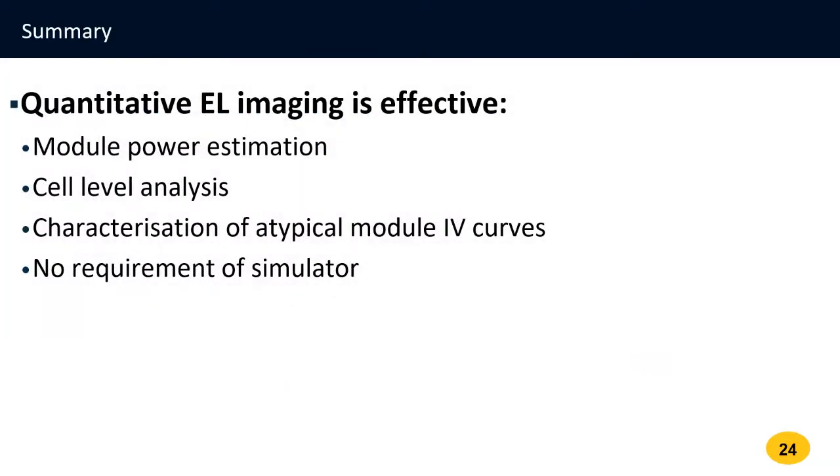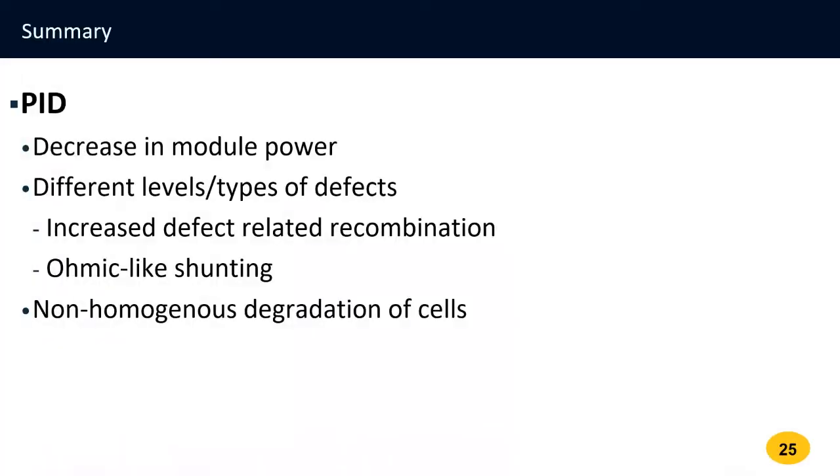Okay, so to summarize, quantitative EL imaging is effective. You can estimate module power, you can characterize each individual cell, and understand atypical module IV responses, and there's no requirement of a simulator to judge the module power. With regards to PID, there's an obvious decrease in module power, and there are different levels and types of defects.